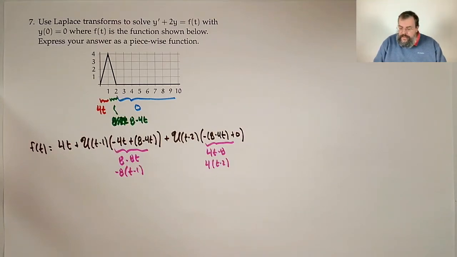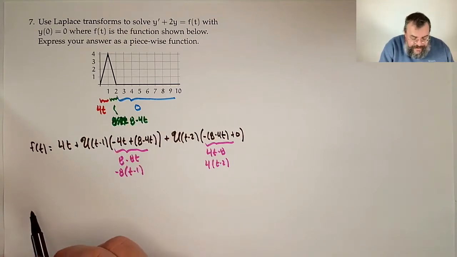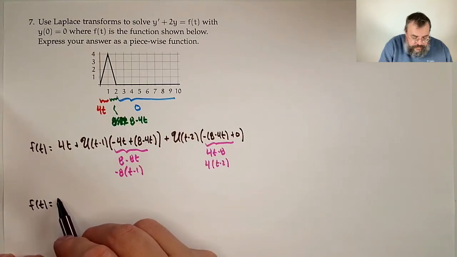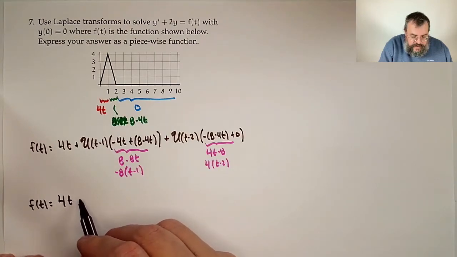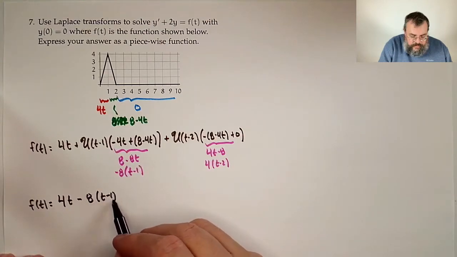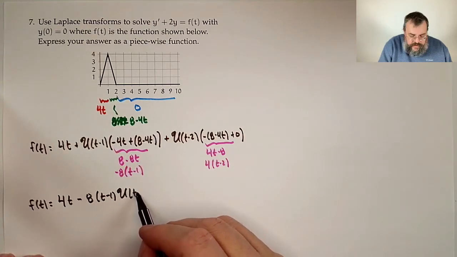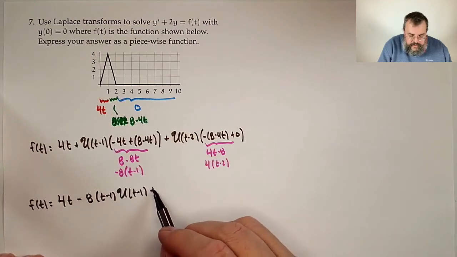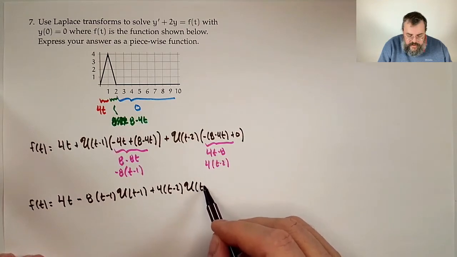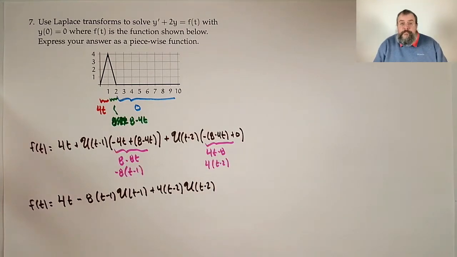And so we're like, hey, this is actually going to turn out to be pretty nice. So our function f of t that we're going to use is 4t minus 8, and we can put it as minus 8 times t minus 1, u of t minus 1, plus 4 times t minus 2, u of t minus 2. All right, great. Now we're ready to go.